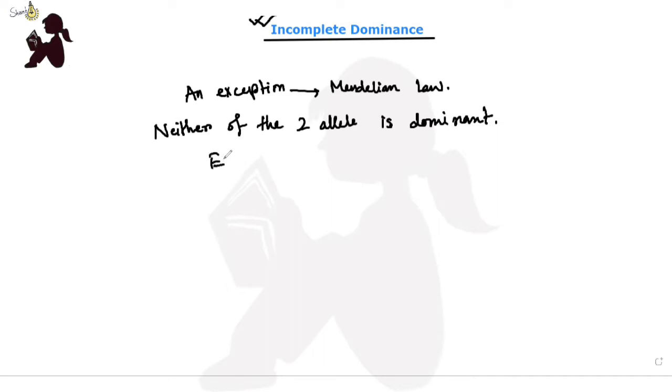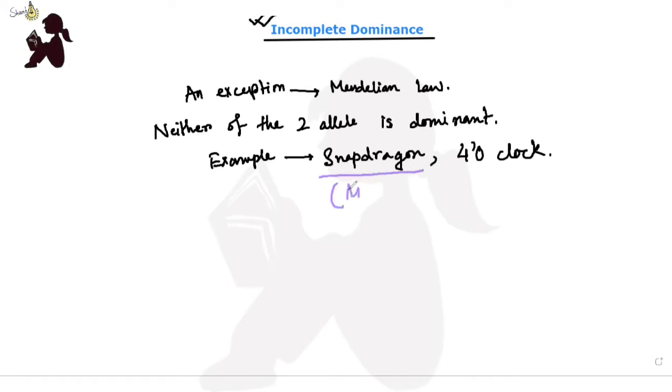The example of incomplete dominance is the snapdragon flower, which is also known as the four o'clock plant. The scientific name is Mirabilis jalapa.